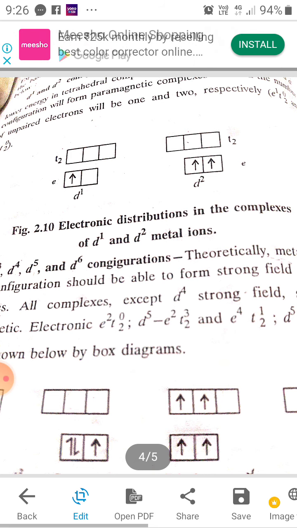For d1 to d2 configurations, we have unpaired electrons and we have weak field and strong field complexes. In the configurations of d4, d5 and d6, we have two types of complexes. Some may be weak field and some may be strong field. The weak field complexes are not colored, and the strong field complexes are colored due to pairing and unpairing of electrons.